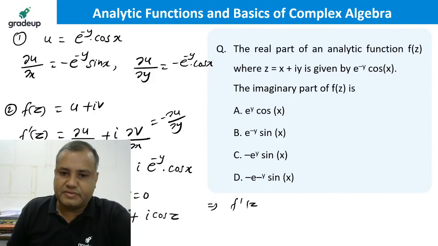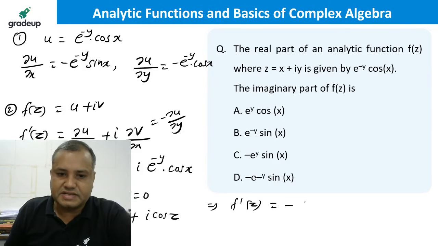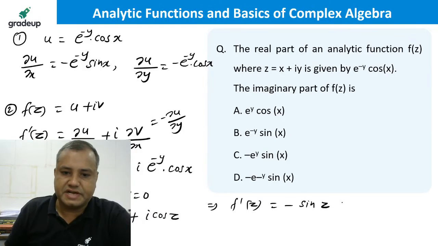So f dash z will be minus sin z plus I cos z.